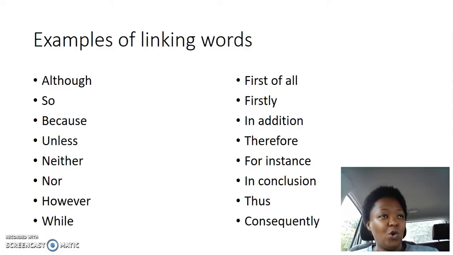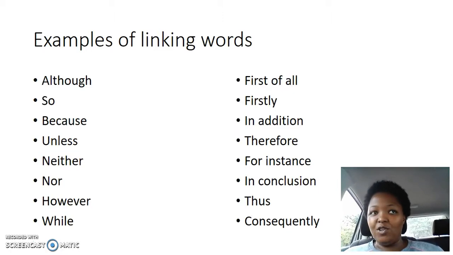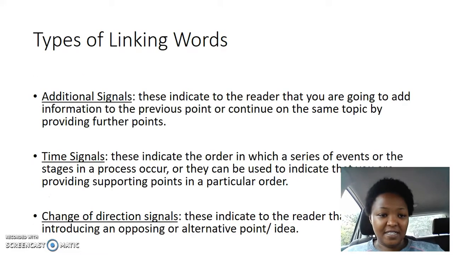Obvious ones like because, although, however, for instance, in conclusion, first of all, in addition, therefore. So these are just some of them. These are not all of the examples, but these are some that will give you an idea of exactly what type of words we are talking about when we're talking about linking words and logical connectors.